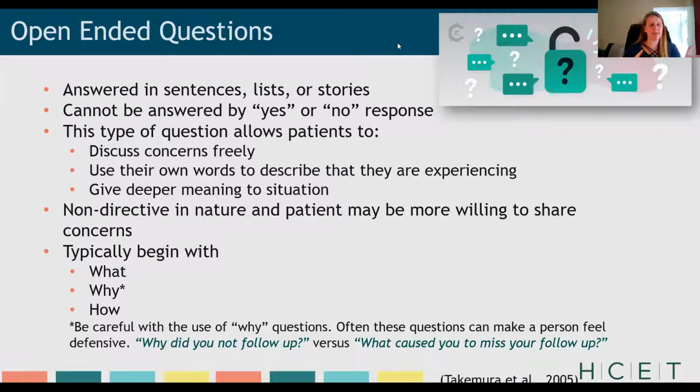It's the difference between asking, why did you not follow up, versus what caused you to miss your follow-up. Your response is going to be totally different based on how you ask that question. Why did you not follow up? I was busy. What caused you to miss your follow-up? Oh, well, this is what was happening. Okay? Two very different things.